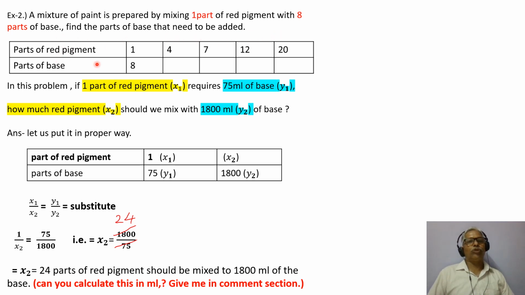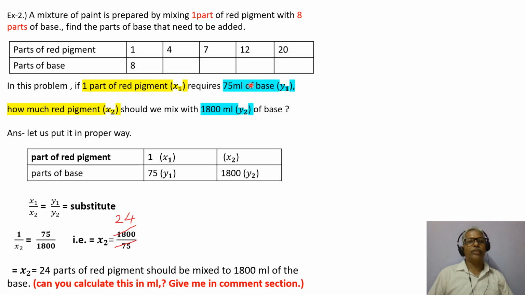This was the previous example. Now, what is the extended part in this problem is 1 part of red pigment. We have drawn this table here. Here it was 8 parts.